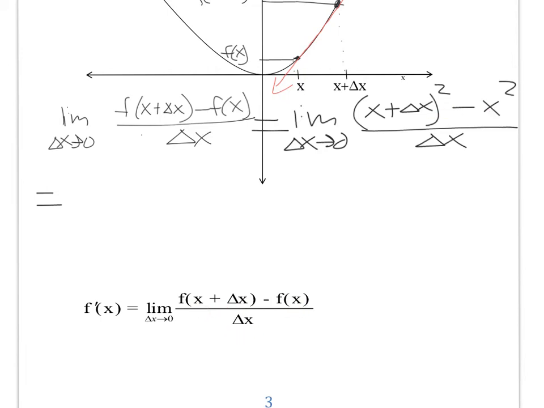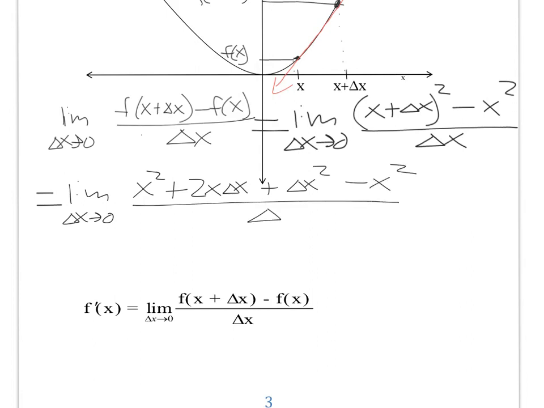So now I'm just going to simplify this. Don't forget my limit notation, because that defines what I'm doing. What is x plus delta x squared? Well, that's just a perfect square expansion, so that looks like x squared plus 2x delta x plus delta x squared. And then remember, I have this minus x squared here, all over delta x.